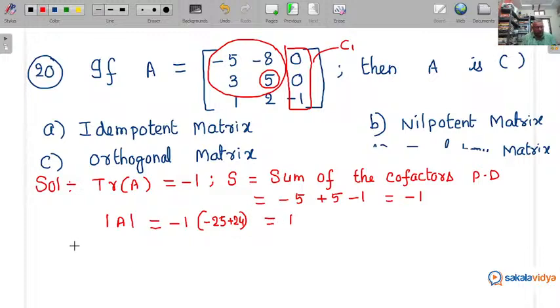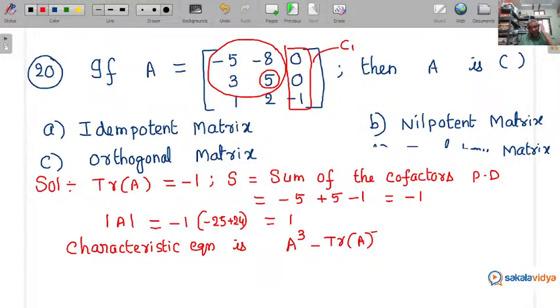So now the characteristic equation. This is a shortcut. For the sake of late viewers, the characteristic equation is given by A cube minus trace of A into A square plus S, where S is the sum of the cofactors of the principal diagonal, into A minus determinant of A into I equal to 0.